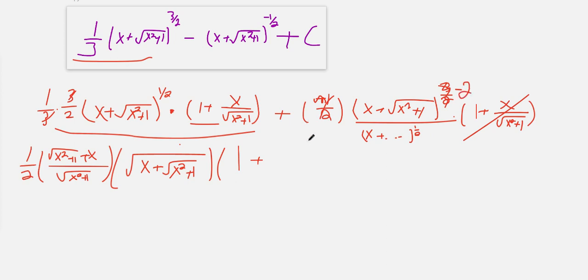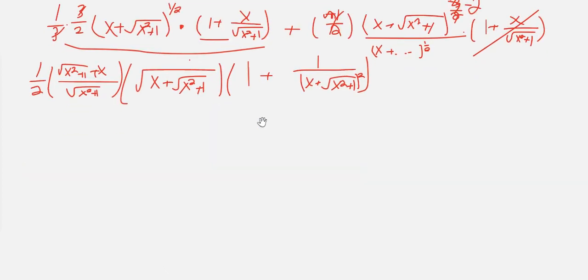So we have plus 1 over, and I'm taking the reciprocal because of the negative, 1 over (x plus the square root of x squared plus 1) squared. Now, what we can notice is that if we look at this fraction, I'm going to write it with the radical first.